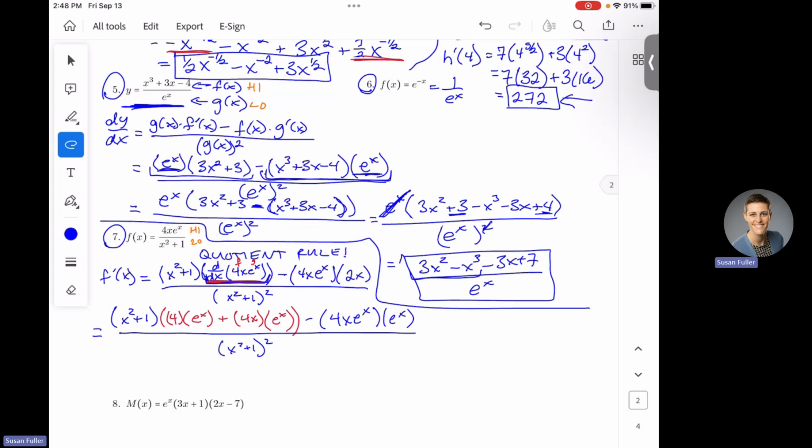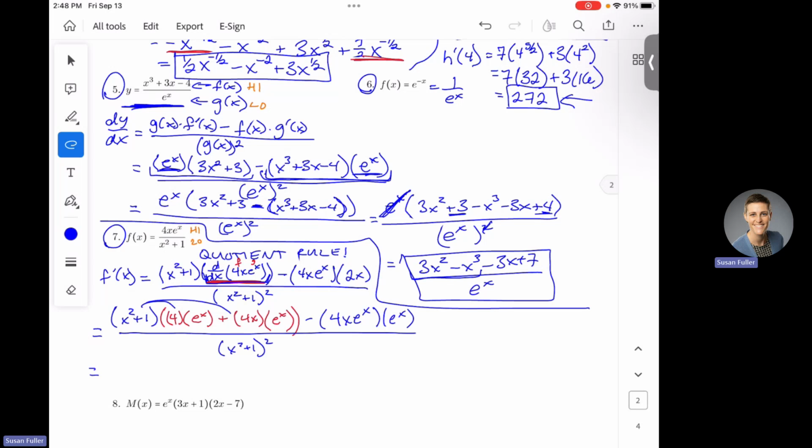Now we just need to simplify this. Let's see. I'm going to start by distributing this x squared plus 1 here.